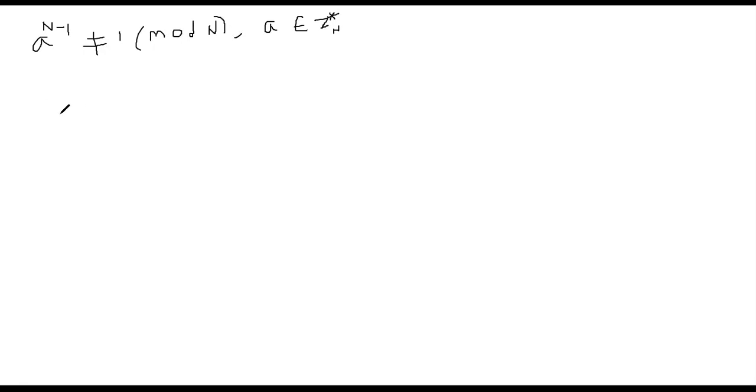We say a number A is a strong witness for n being composite if A^u is not equal to plus or minus 1. All of these are computed mod n. And A^(2u), A^(2^2 u), this sequence of numbers all the way until A^(2^(r-1) u).